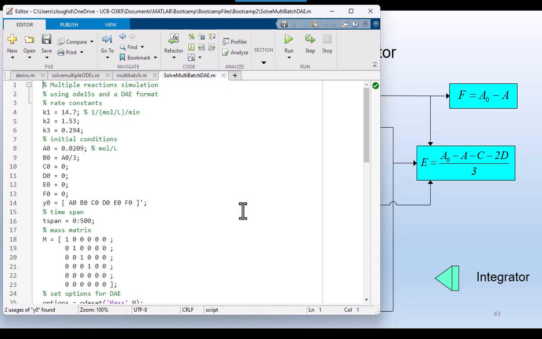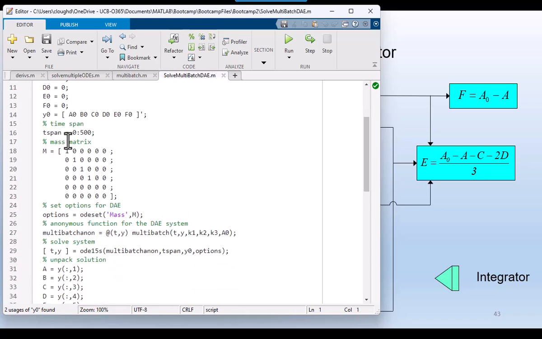And this is the script for solving the equations. Again, set up quite logically. Start with our basic data of our rate constants, and then our initial conditions, and then putting those initial conditions into a y0 vector, transposing it here.